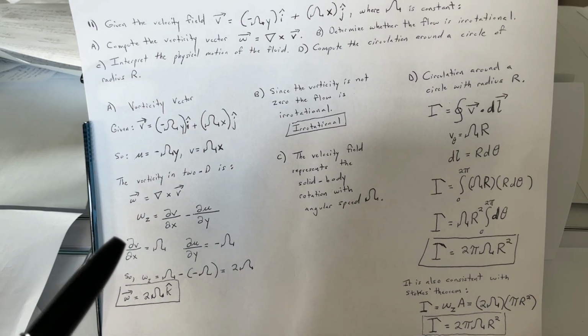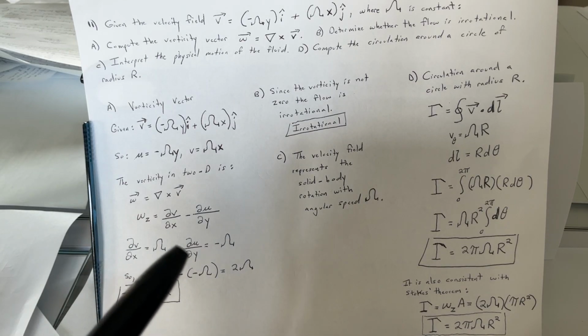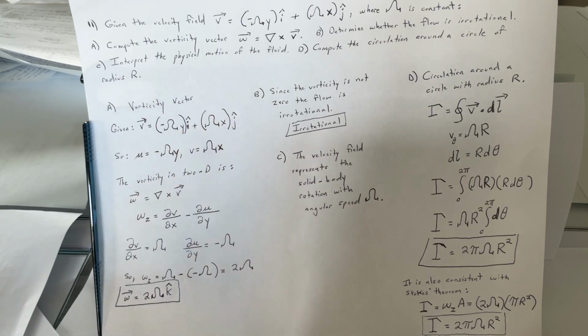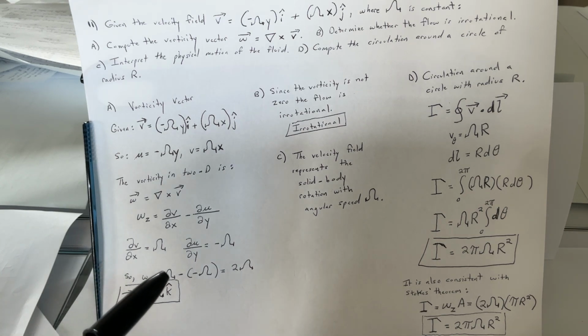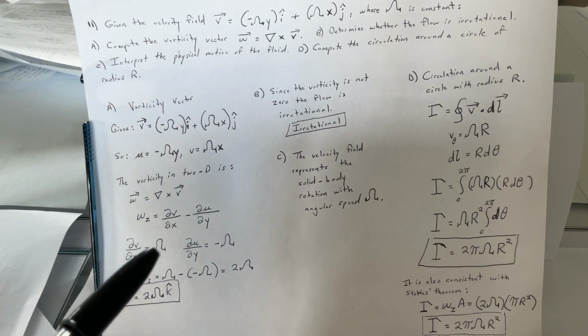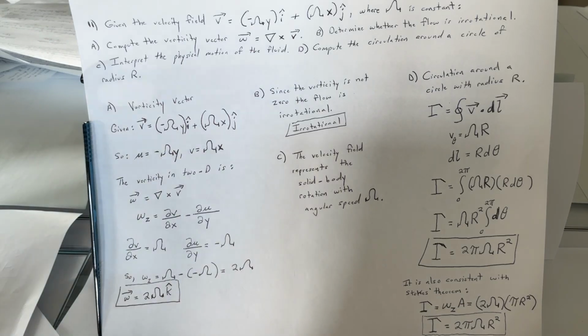Partial dV dx is omega, partial du dy is negative omega. And when we subtract these, W sub Z equals omega minus a minus omega, and then you get 2 omega.